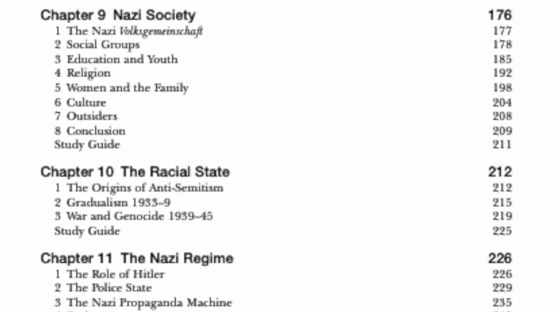Chapter 11, what was the police state and what was the propaganda machine, and was there any resistance? Hitler spent most of his days, by many accounts, just dreaming up giant cities that he was going to build in this new Germania that was going to be comprised of territories that were conquered.